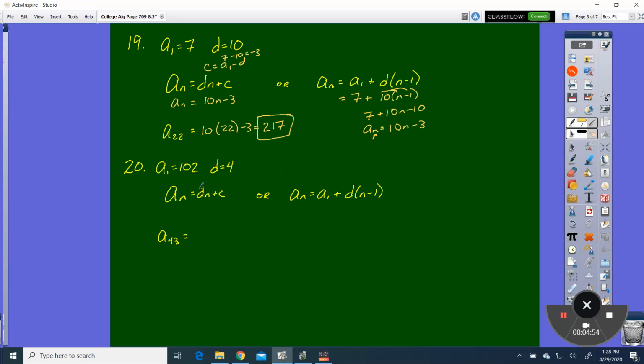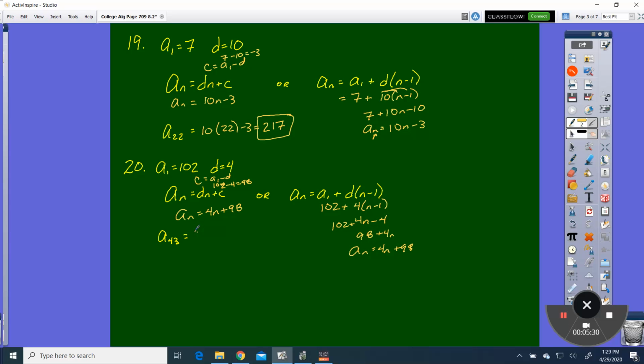So this next one, same thing. C equals A1 minus D. So A1 is 102 minus 4 is 98. So my formula is a_n equals 4n plus 98. Or I could calculate it this way, 102 plus 4 times n minus 1. Distribute the 4, that makes 4n minus 4. 102 minus 4 is 98 plus 4n. So I get a_n equals 4n plus 98.